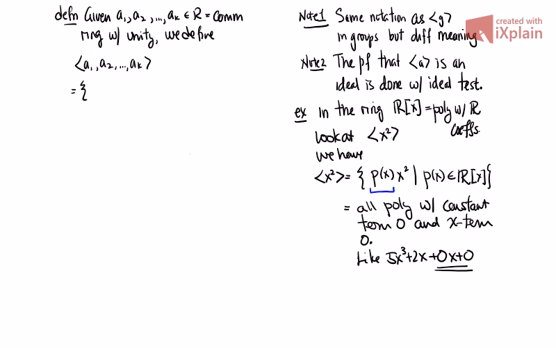This is the set of all linear combinations using coefficients in R, so all these r sub i's are in R. This is the ideal generated by the a sub i's.